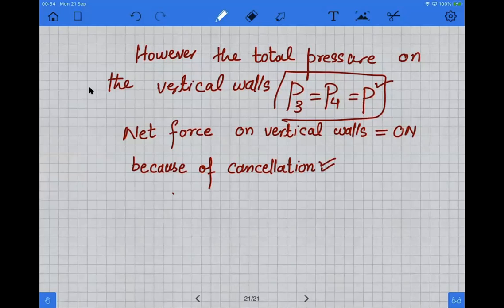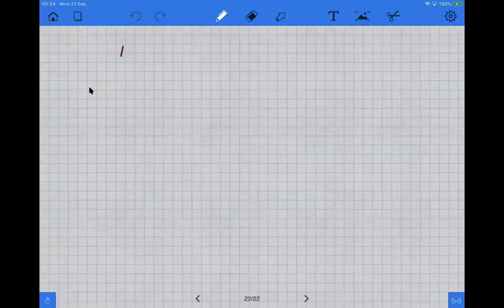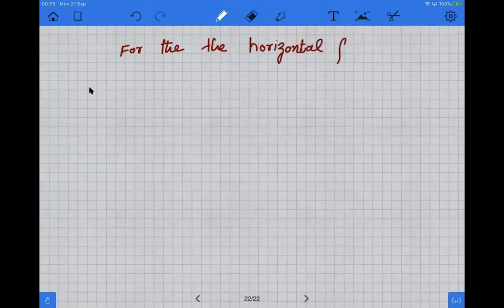Now let's go with the horizontal walls. For the horizontal faces, there are 4 vertical faces and there are 2 horizontal faces. On the vertical faces, the force is cancelled out, while the pressure remains. Pressure on all the 4 walls is same as pressure on any one of the walls.